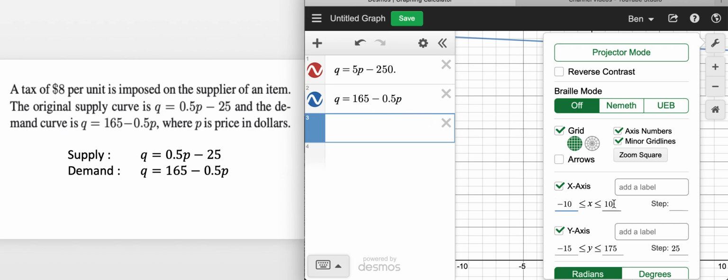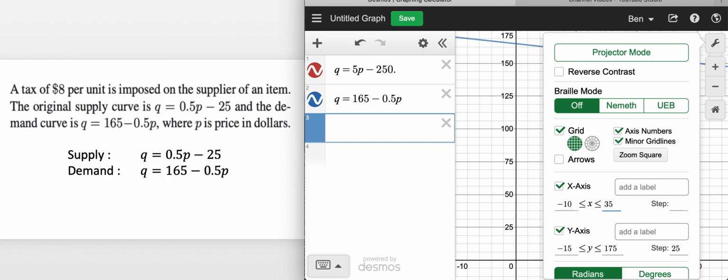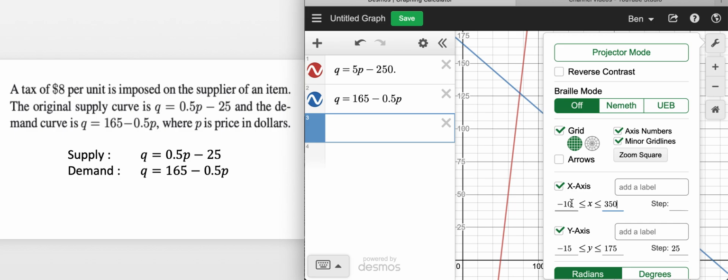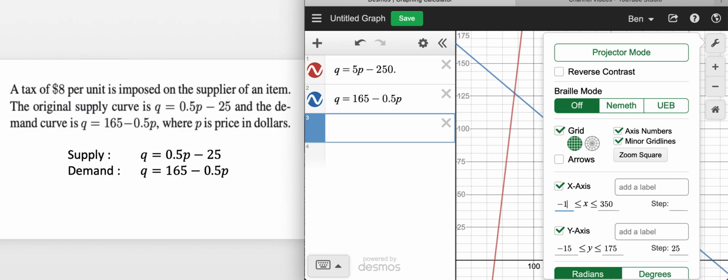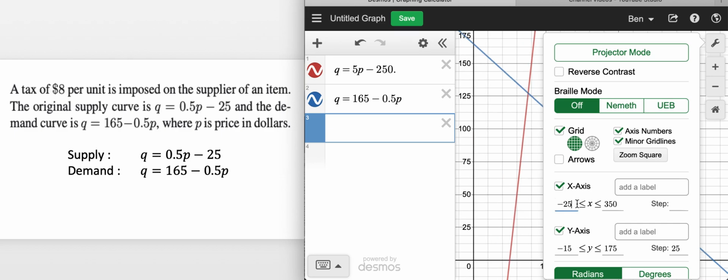So I'm going to set the x-axis max to be around 350, and then the minimum maybe around negative 25. We'll do increments here of about 50.